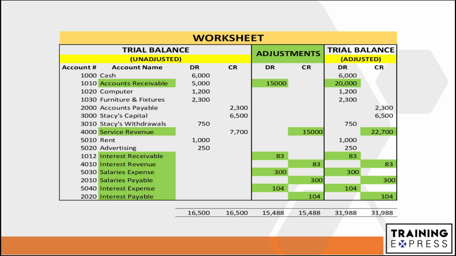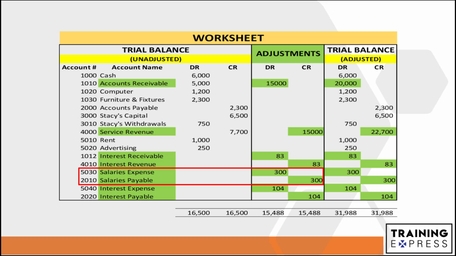And here you will see that all the adjusting entries are being shown over here. You can see accounts receivable debit $15,000, service revenue credit $15,000. Then you can see interest receivable debit 83, interest revenue credit 83.